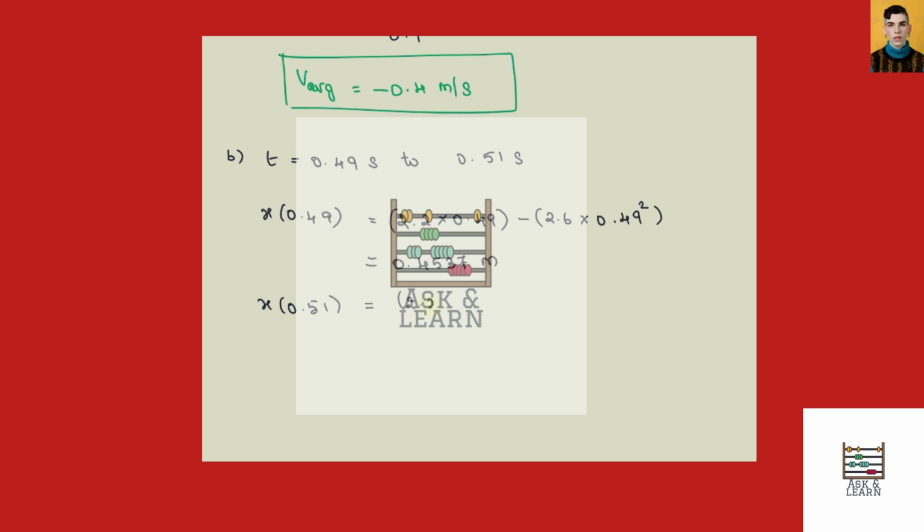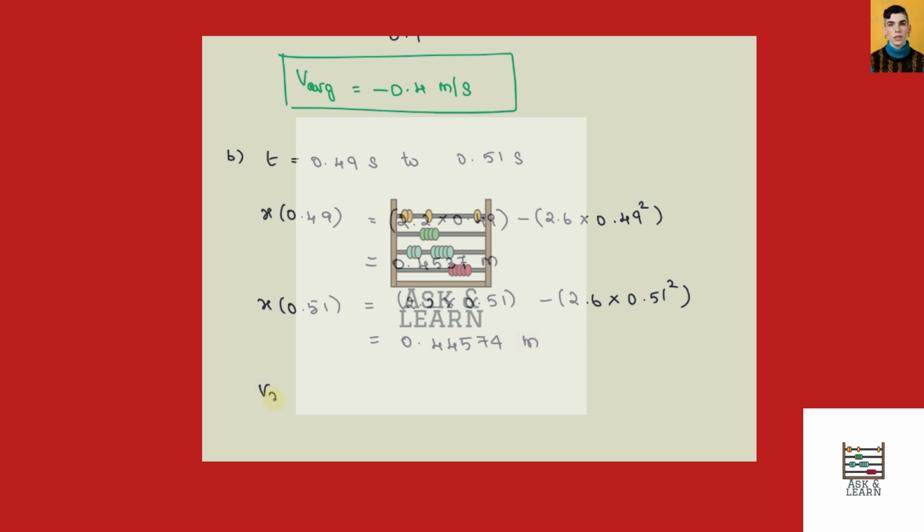And now we have to find the position at 0.51 seconds. This is equal to 2.2 into 0.51 minus 2.6 into 0.51 squared. So we get the position at 0.51 seconds, and this will be equal to 0.44574 meter.